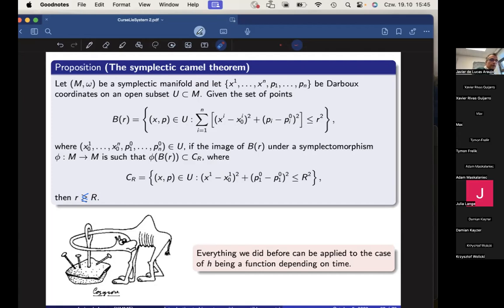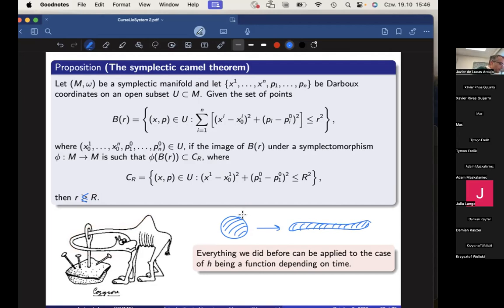Take into account that the Liouville theorem tells you that this camel, as a ball, could be stretched. I mean, if it is a ball, you could deform it into a sausage, because the Liouville theorem tells you that the only restriction is that the volume of this and the volume of this must be the same. But Gromov thought, the volume must be the same, but can I make a certain region as thin as I want?